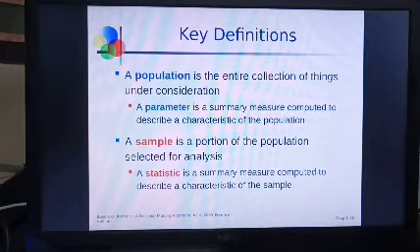Here's another concept: a parameter is a summary measure computed to describe a characteristic of the population, whereas a sample is a portion of the population or a subset of the population selected for analysis. And under the sample, a statistic is a summary measure computed to describe a characteristic of the sample.